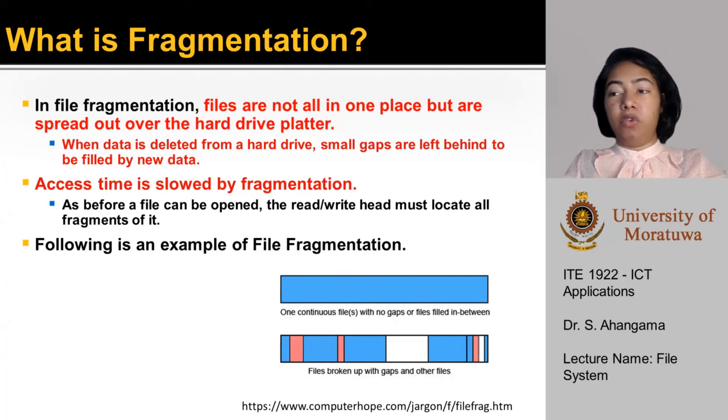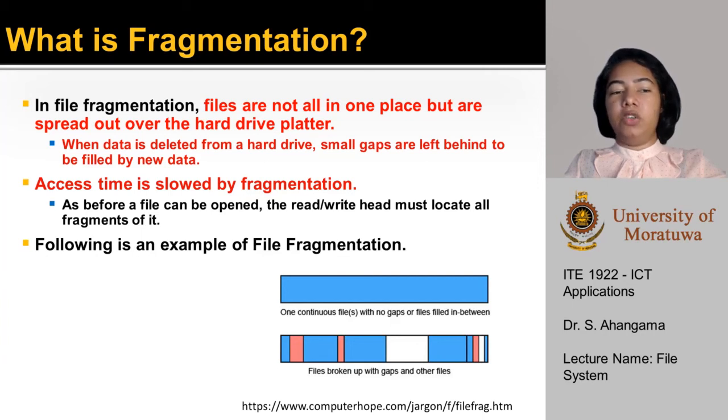If the gaps are too small, the remaining information is saved in other available gaps. Because the read-write head accessing the data must find all the fragments of a file before it can be opened or executed, the fragmentation causes slow access time.